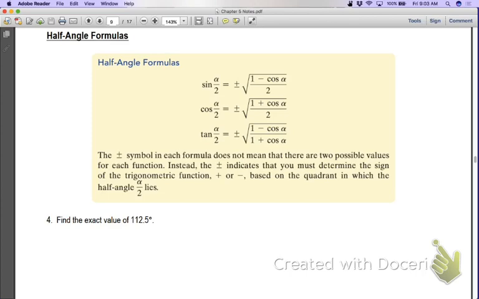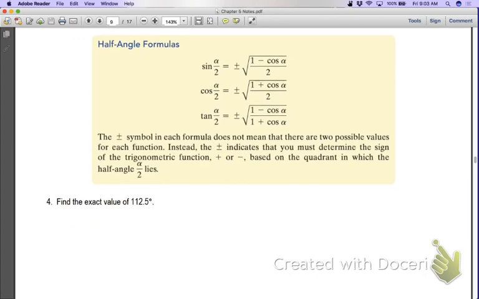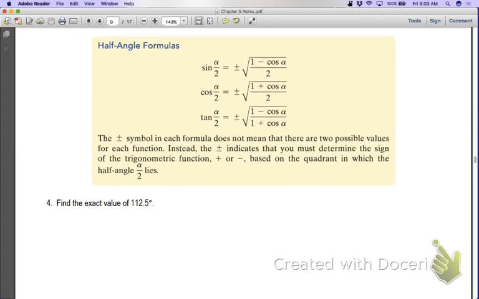Okay, so as far as your half angle formulas, you have these right below your double angle formulas, conveniently. Whenever you have a half angle formula, you have a square root. Normally with a square root you have a plus and a minus, where you have two answers. That's not the case here.